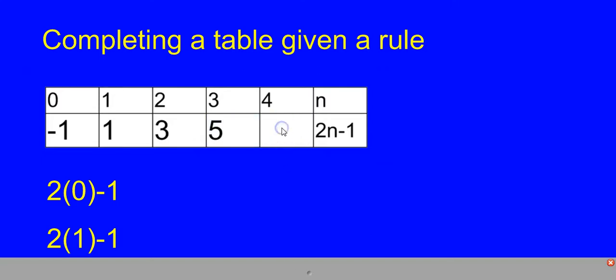Finally, if I plug 4 in, 2 times 4 is 8, minus 1 is 7. We're simply looking at a number pattern, but rather than going across the top or across the bottom, we're saying, what do you do to the top to make the bottom? You take the top times 2 minus 1.